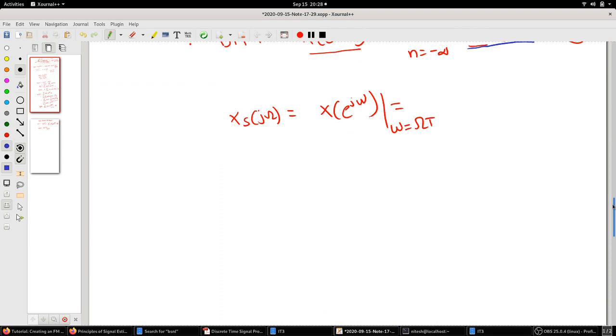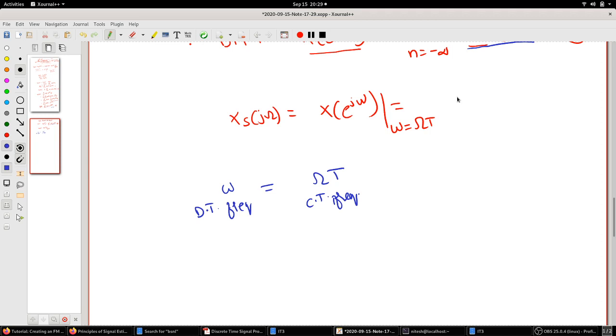So in short, the relationship is that omega, the discrete time frequency, is related to omega T, the continuous time frequency, by a factor of T. So Xs of j omega, the continuous time Fourier transform of the sampled signal, is the same as the discrete time Fourier transform of the sampled signal in the discrete time domain when omega equals omega T. That's how the relationship comes.